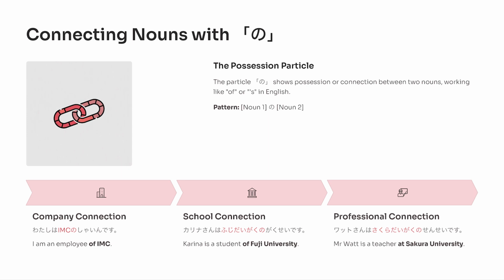For example, 私は IMC の社員です。I'm an employee of IMC. カリナさんは富士大学の学生です。カリナ is a student of Fuji University. And Watt さんは桜大学の先生です。Mr. Watt is a teacher at Sakura University. See, the particle の shows belonging or connection. Super useful.